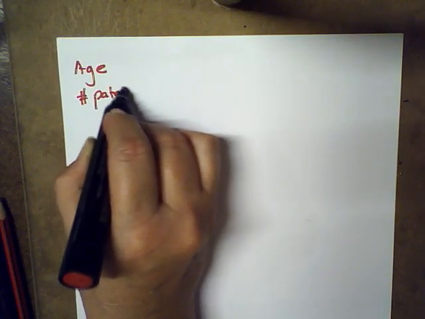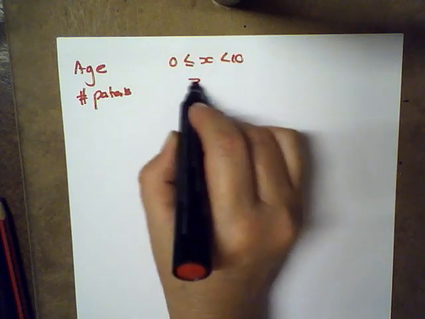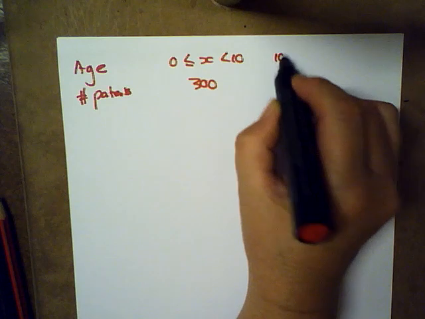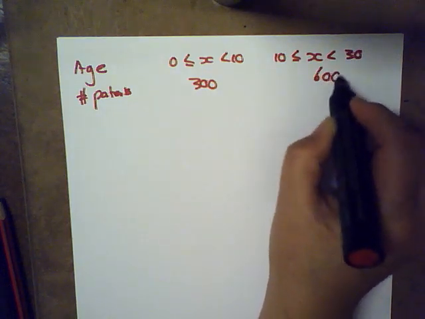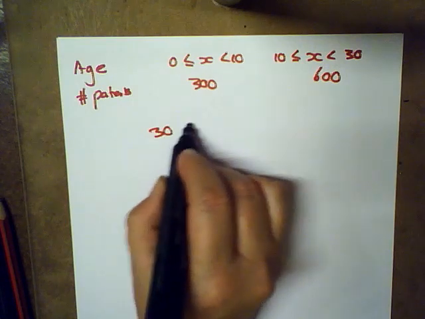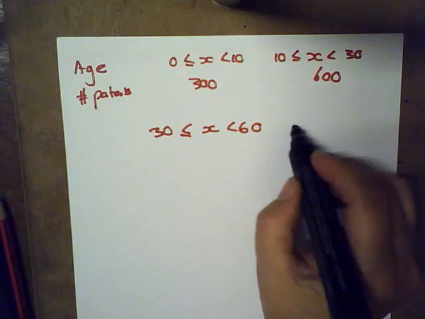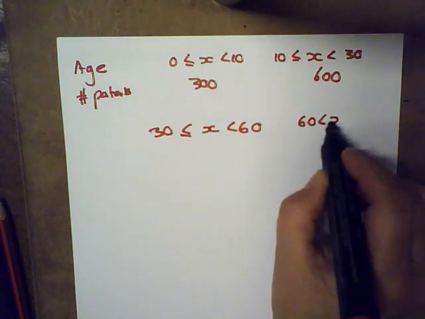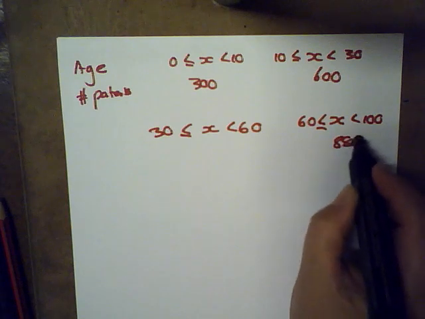Okay, so my first group, I have age and the number of patients, and 0 to 10, there's 300, 10 to 30, and we have 600. Then from 50 to 60, I don't have any values. 60 to 100, I have 880.